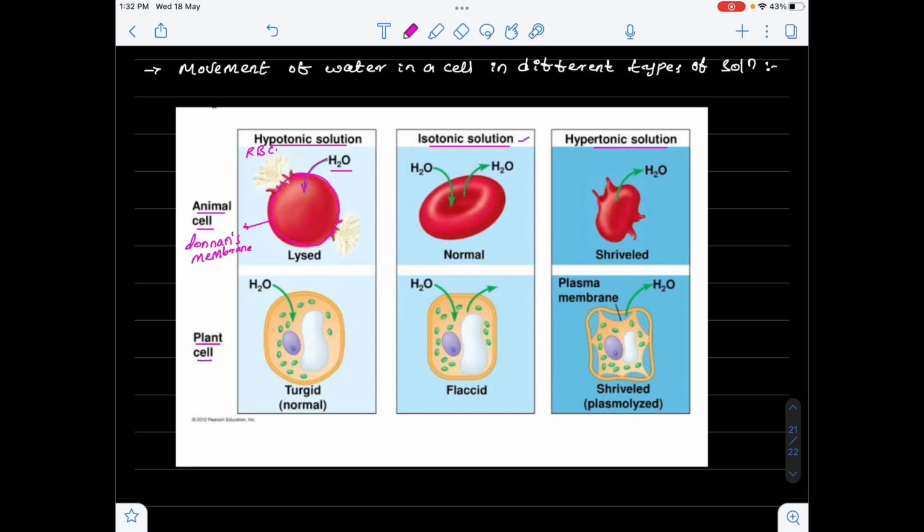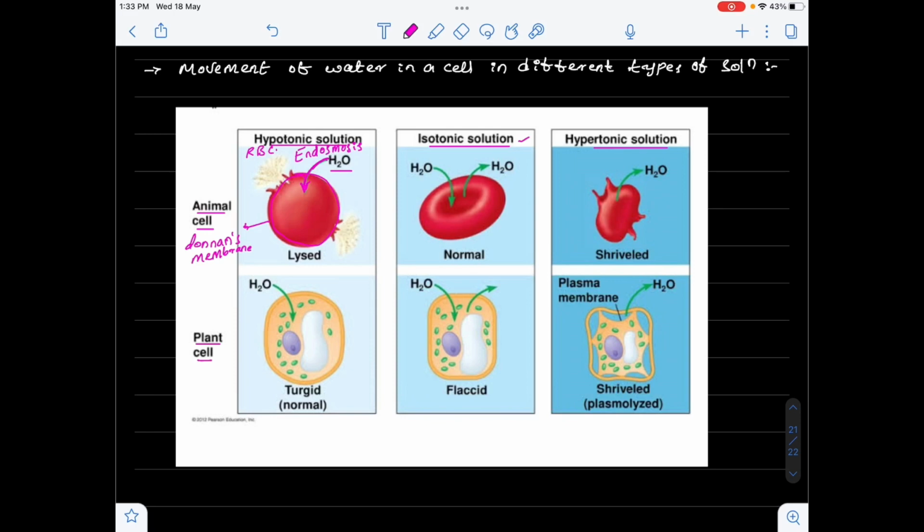And when we place RBC in hypotonic solution, first there is a movement of water from the external solution to inside the cell, and this movement of water inside the cell is called endosmosis.